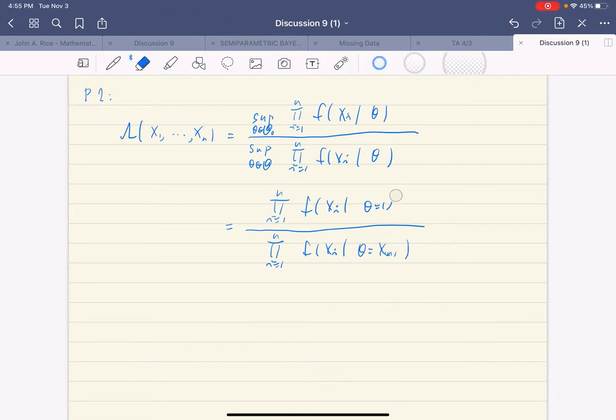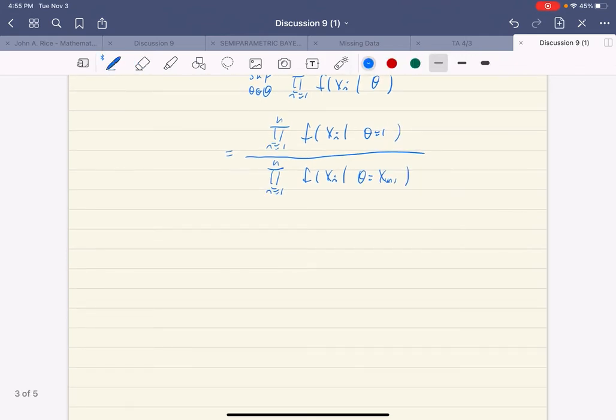So now we can plug in the density. In the numerator it is 1 to the power n times the indicator function of S_i smaller than 1 and greater than 0.